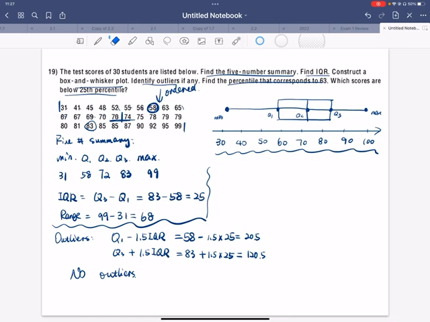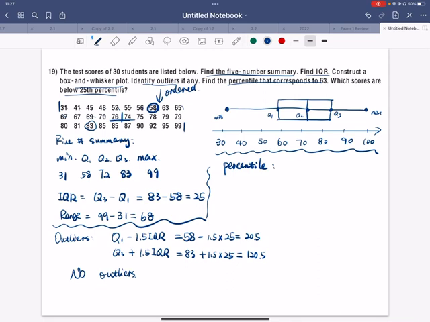All right, let's calculate the next section. The percentile corresponding to 63.